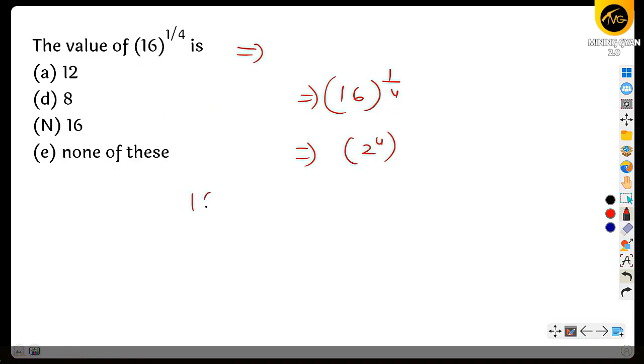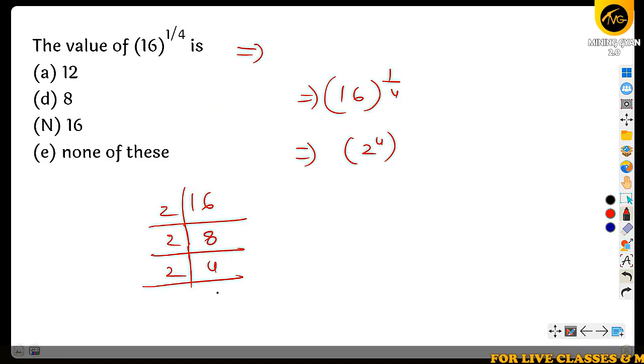What are the factors of 16? 2, 4, and 2 again 2. That means 2 into 2 into 2 into 2, that means 2 power 4.